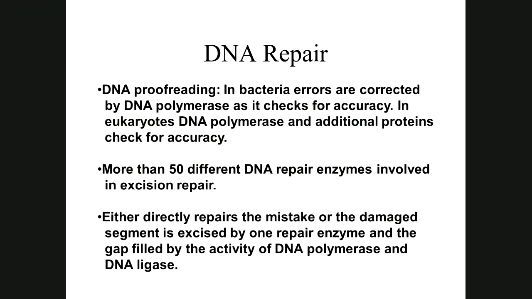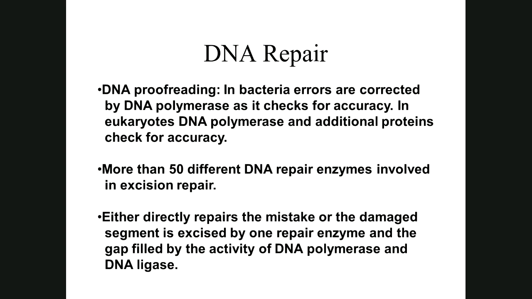DNA repair. We talk about DNA proofreading. There are many enzymatic pathways which check DNA. It says proofreading. In bacteria, errors are corrected by DNA polymerase as it checks for accuracy. In eukaryotes, since we have many chromosomes and they're linear, DNA polymerase and additional proteins check for accuracy. So we have a lot of proteins that are checking to make sure our DNA code is good and there's no problems with it.